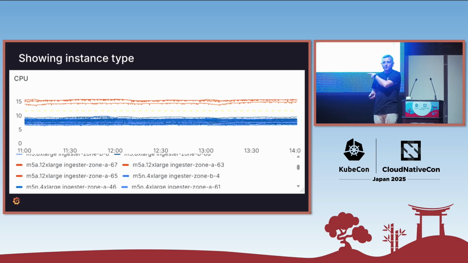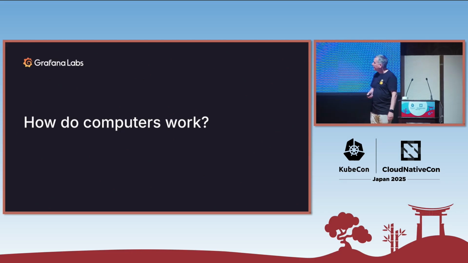This took days to figure out, but I've changed it to join in the type of machine. So all the blue ones are good, and there's a lot of different kinds of machine. These are AWS nodes. All the red ones are M5A 12x large. So why is that interesting?